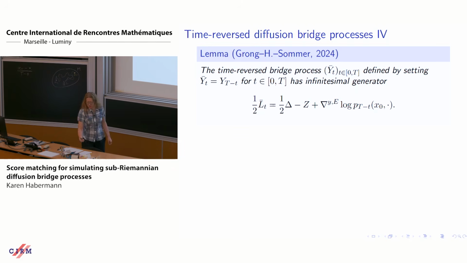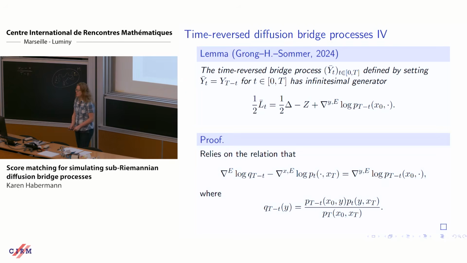And maybe to give some idea of where this comes from, I'm not going to write down the full details of the proof, but the proof is relatively straightforward. So this was the term we had if we just looked at the bridge process evolving forwards. And this Q is basically the heat kernel associated to the bridge process.